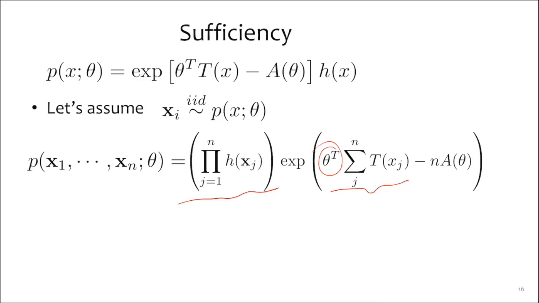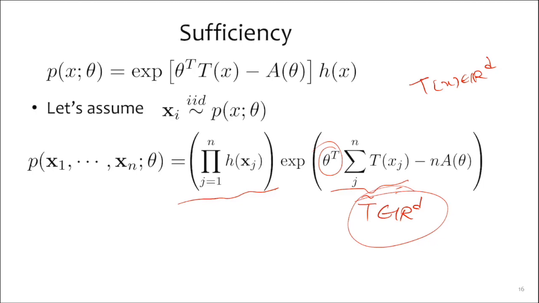Now, what is important here is that if T(x), for example, was d-dimensional, you see that this can still be written as an exponential family, right? This is a new term that I call, let's say, x tilde, which is the sum of all of those. X tilde is still in R^d. So it doesn't matter how many samples you got from your data, the size of this does not grow.